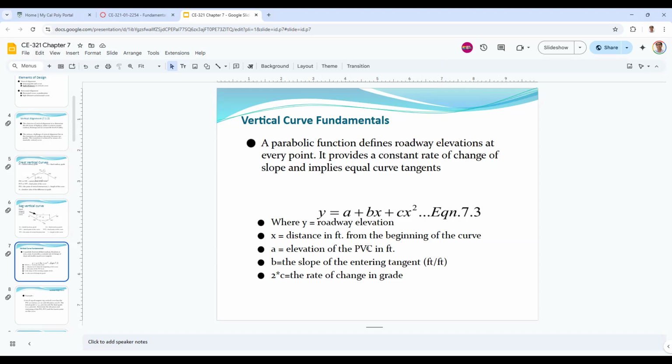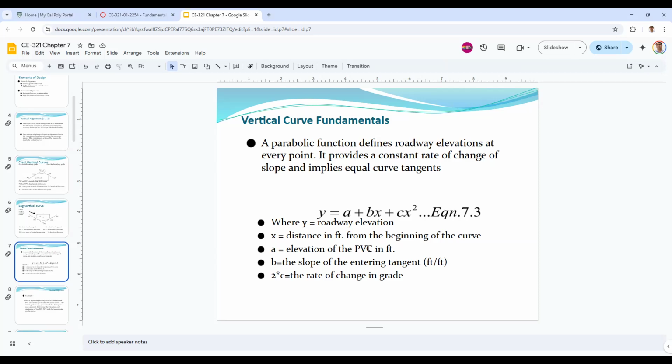Now, let's think about the slope. If you plug in x equal to 0 here in the slope equation, what happens? So dy over dx, if I want to find that value at x equal to 0, it is just b, right? Because 2cx is 0. If I plug in x equal to 0, then I get the whole thing to be 0, and then I get slope at x equal to 0 is b.